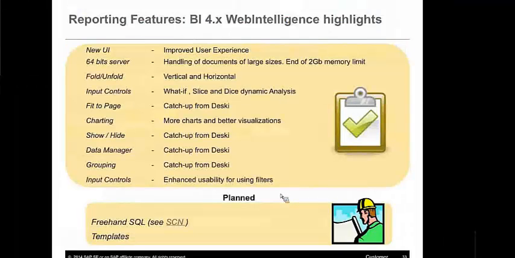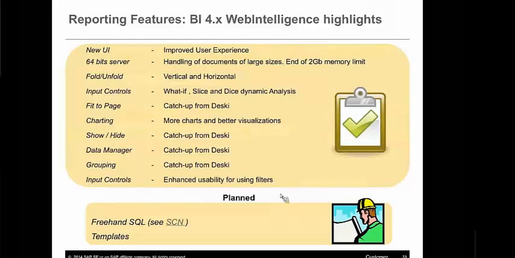So, some features of the reporting engine in Web Intelligence. Web Intelligence in BI 4 is completely rewritten. There's an improved user experience, especially compared to the XI 3 or even the earlier versions beyond that one. It's a 64-bit server, so it handles documents of large sizes.